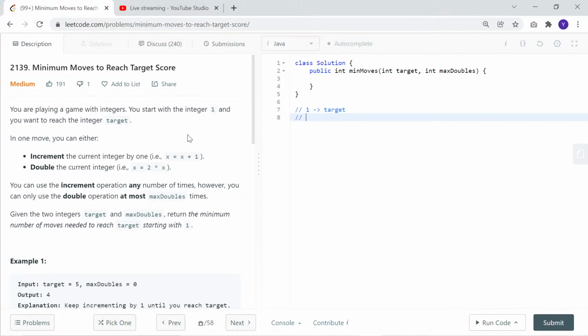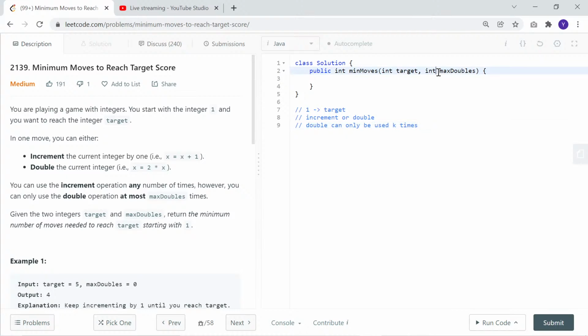And in each move we can increment or double, and you can use the increment operation any number of times. However, you can only use the double operation like k times.